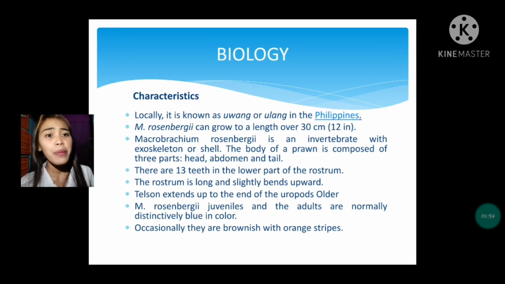Then Macrobrachium rosenbergii juveniles and adults are normally distinctively blue in color. Occasionally, they are brownish with orange stripes.